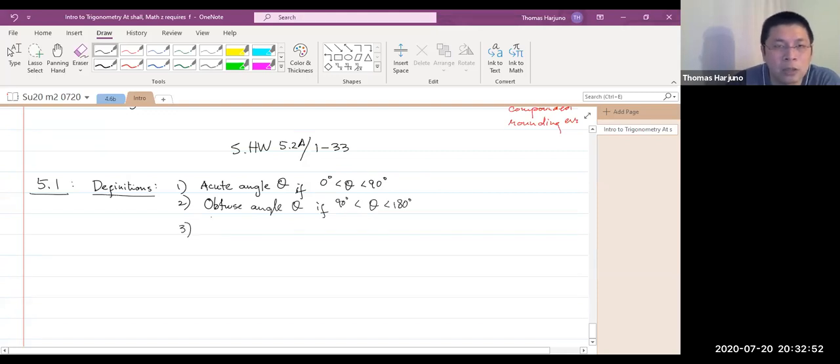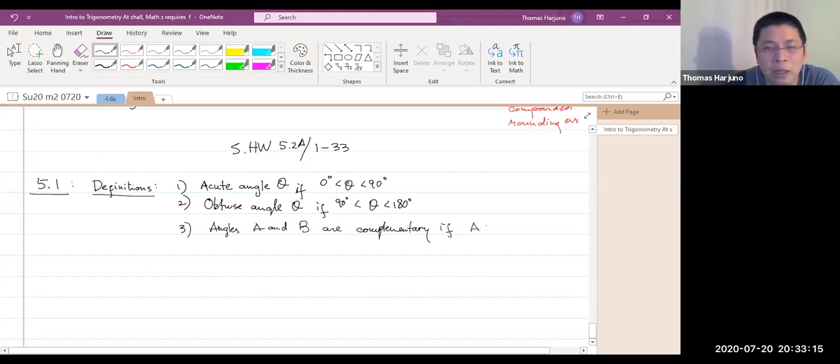Two angles are complementary. Angles A and B are complementary if the sum is 90 degrees.